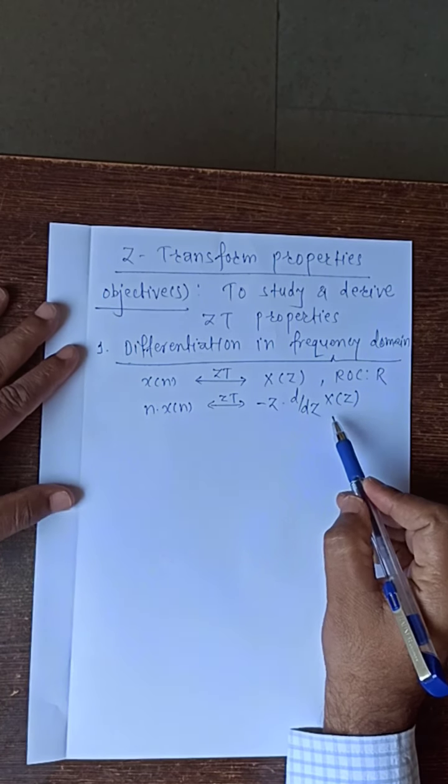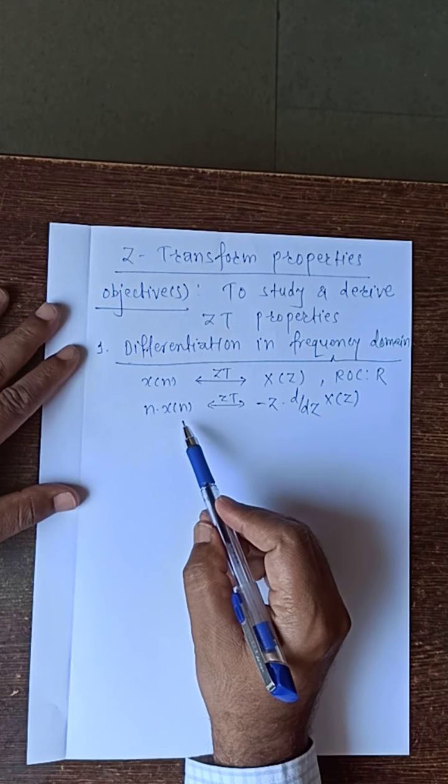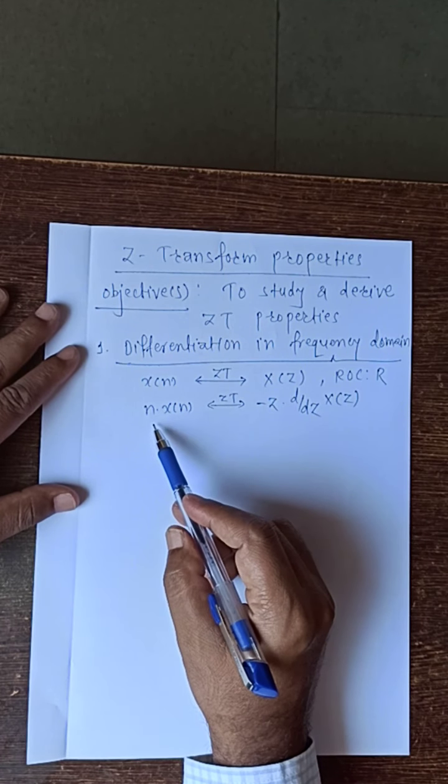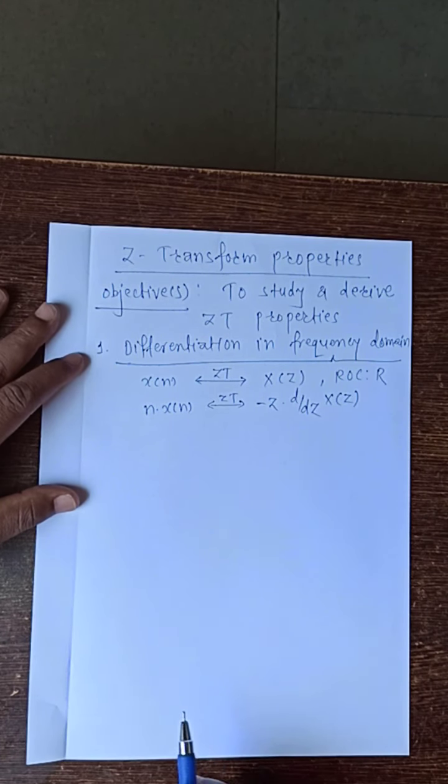That means if you differentiate in the frequency domain X(z), its effect will be that the original signal x[n] will be multiplied by n in the time domain.